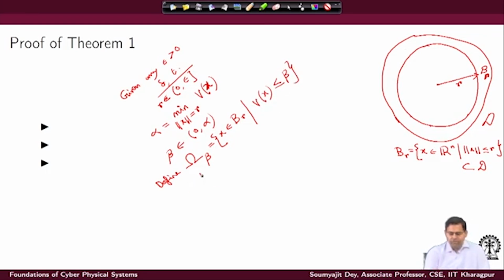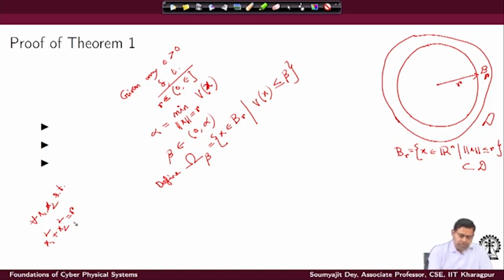Now, let us understand why we say that this is definable. We know what the points are which are lying on the circumference of Br, because for all of them the norm of the system state is equal to r. So, it is a 2-dimensional system, let us say, then we are talking about all x1 x2 such that x1 square plus x2 square equal to r.